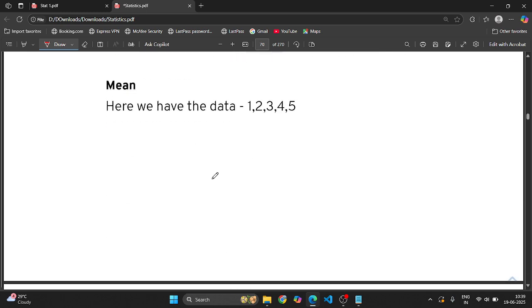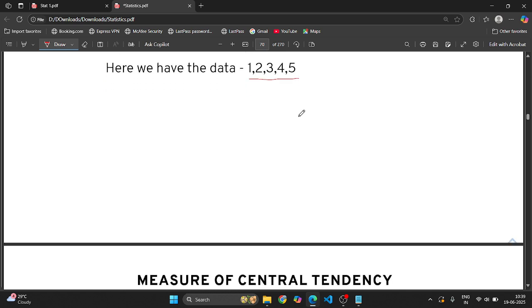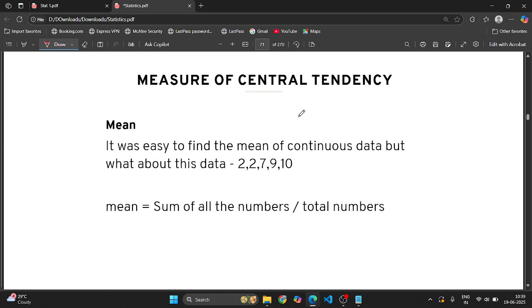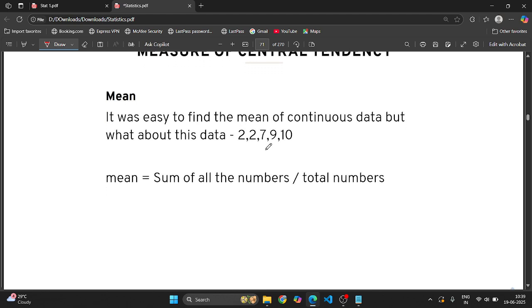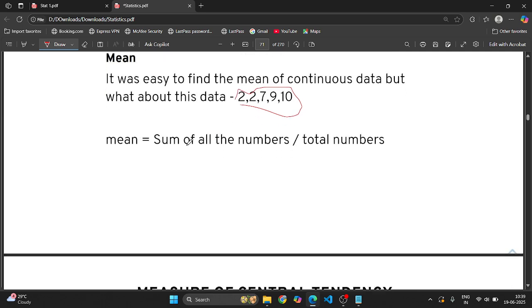Here we have the data 1 2 3 4 5. Mean equals the sum of numbers divided by the total.